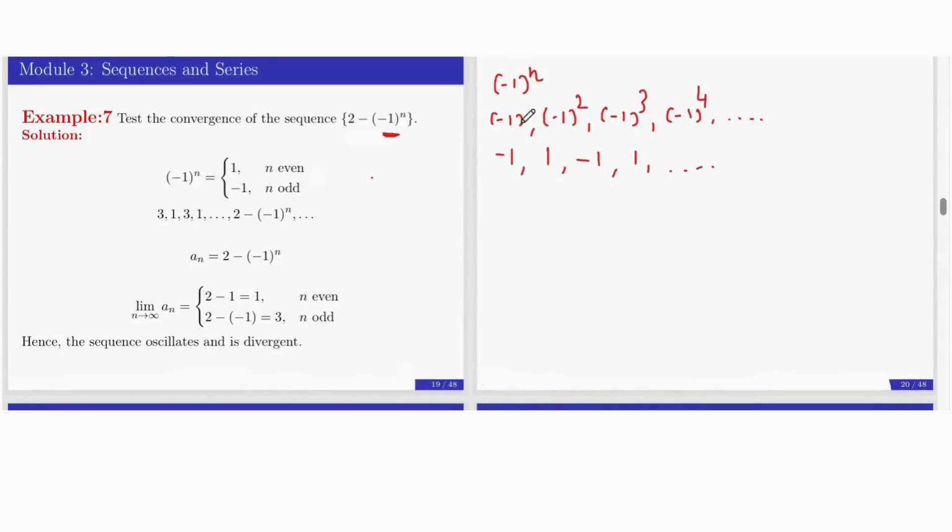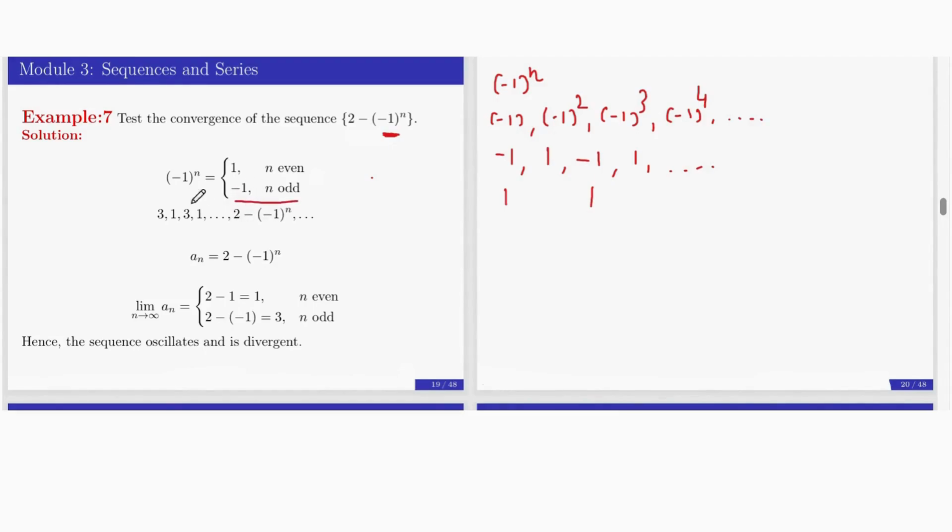So when we put different values of n, what do we get? Minus 1, 1, minus 1, 1, and so on. From this, what do we conclude? When n is an odd number, here n is 1, n is 3, the value of minus 1 raised to n is equal to minus 1.